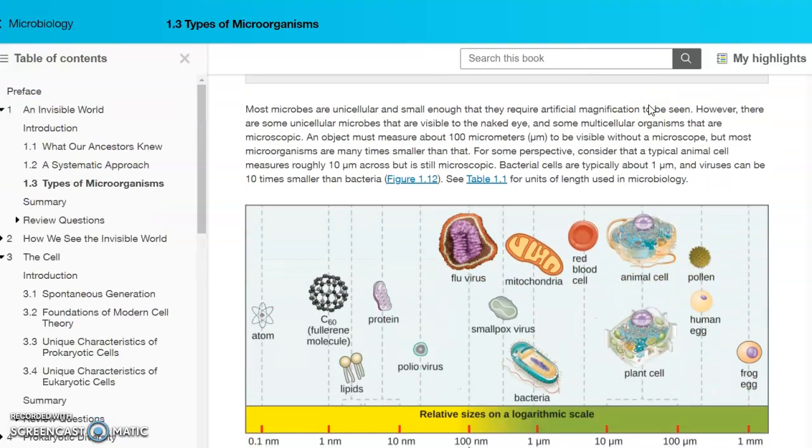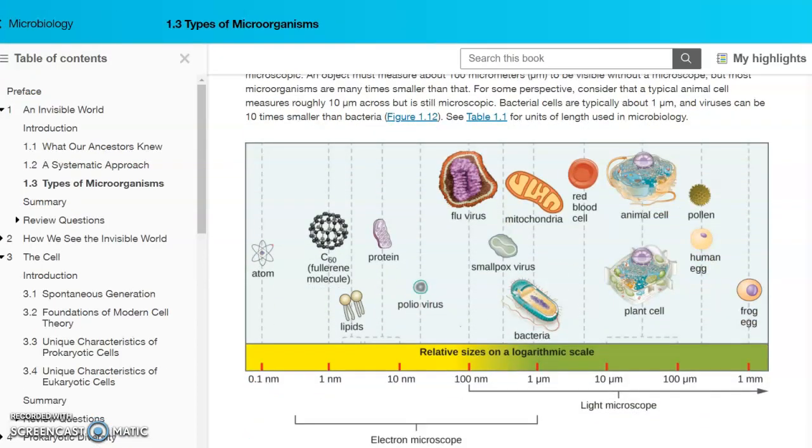If we take a look at this figure here, in section 1.3 in your online book, we'll see relative sizes. Now this is a logarithmic scale. We start with 0.1 nanometer all the way up to 1 millimeter. Here we have atoms all the way down here, proteins, lipids.